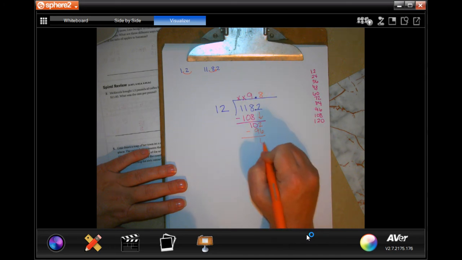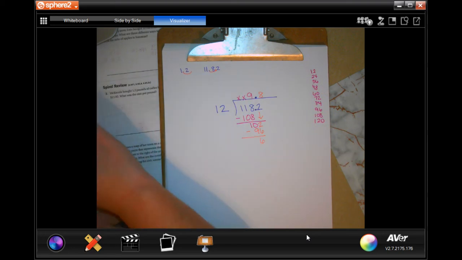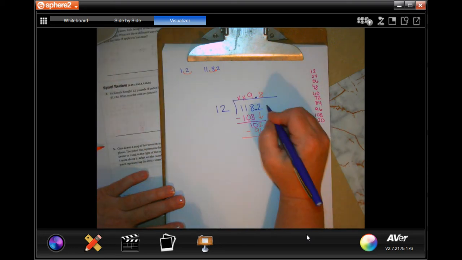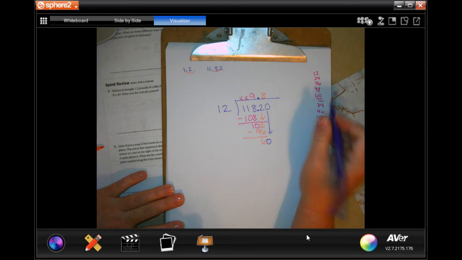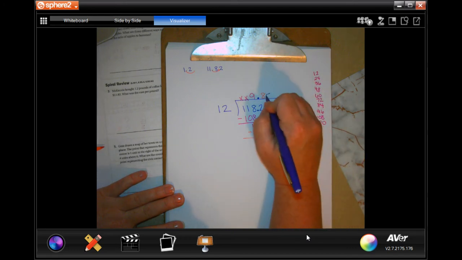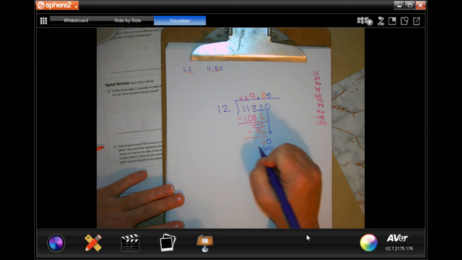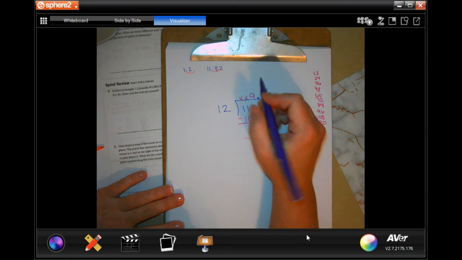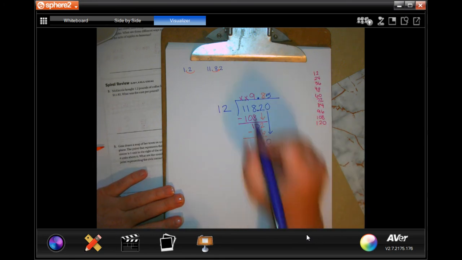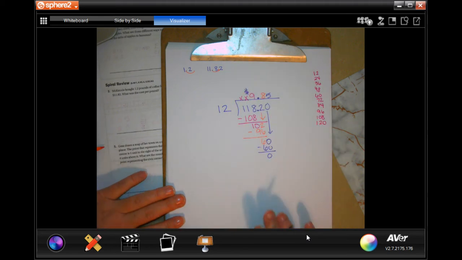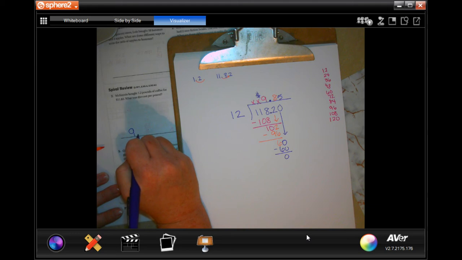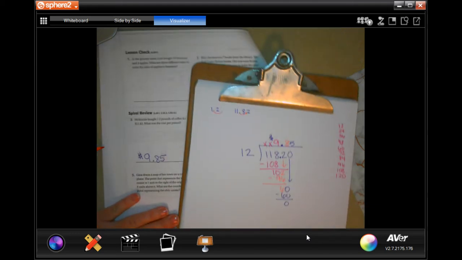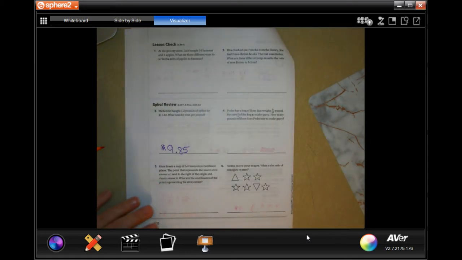Subtract, and I'm going to get 6. So now I'm going to add a 0 and bring it down. And I know that 5 times 12 is 60. So your answer will be $9.85. There you go.